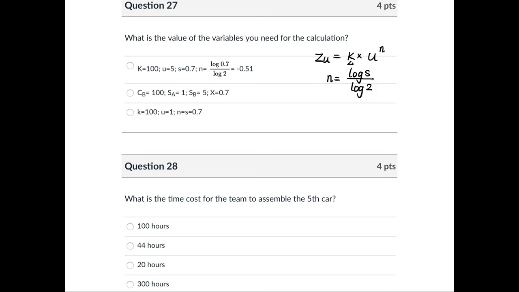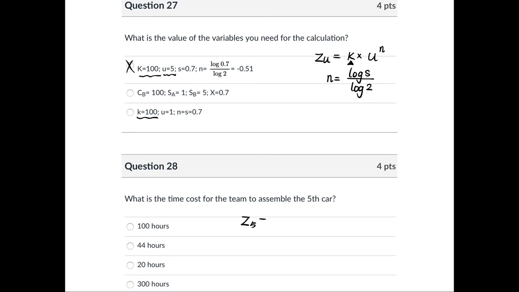Okay, so here you want to know what K is. K is given as 100. And what is U? You want to know the fifth car's cost, so U is going to be 5. And S is the learning rate, which is 0.7. And N is going to be log 0.7 over log 2. So this is your correct answer.